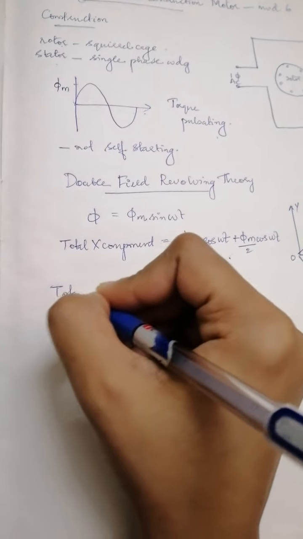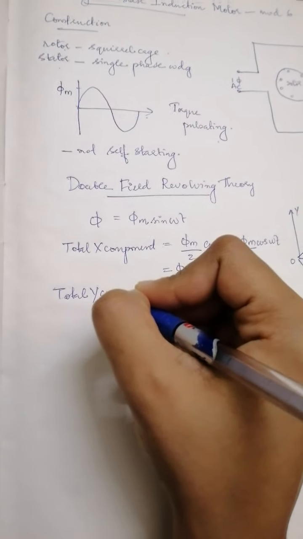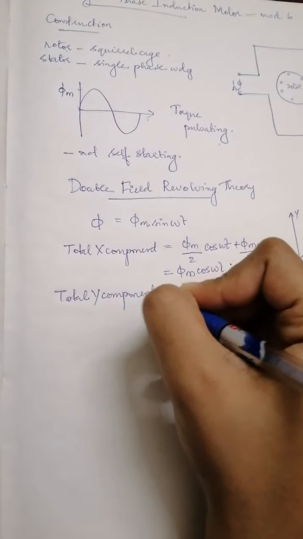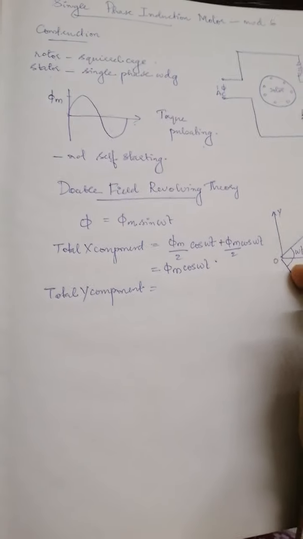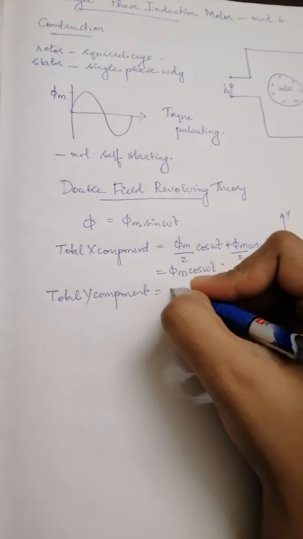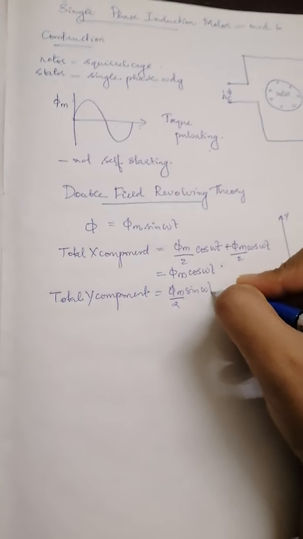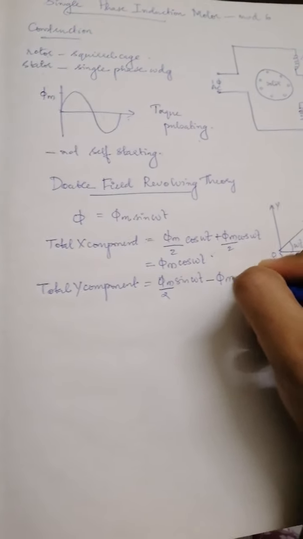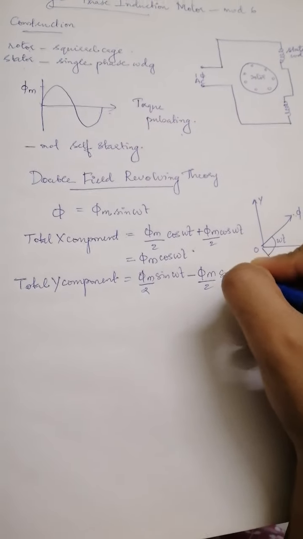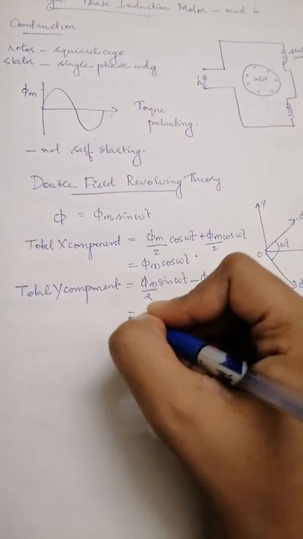And resolving along y axis, we can see that the total y component is phi m by 2 sine omega t minus phi m by 2 sine omega t, which is equal to 0.